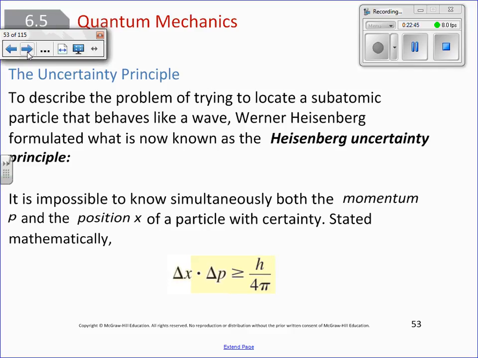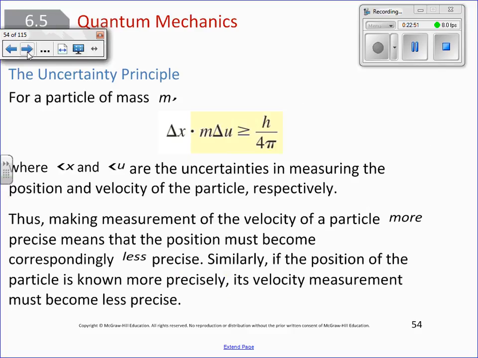So if you have a particle with a certain mass, put the mass in there, the mass times the change in velocity. The changes are the uncertainties. What that means is the more precisely you know the location of a particle, the less precisely you know its speed. And the more precisely you know its speed, the less precisely you know its location.